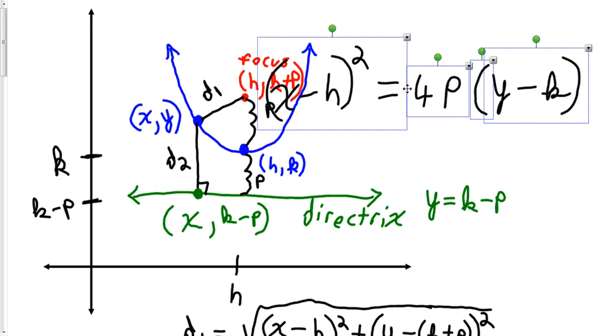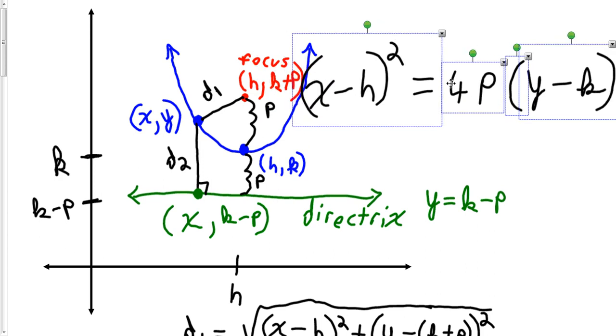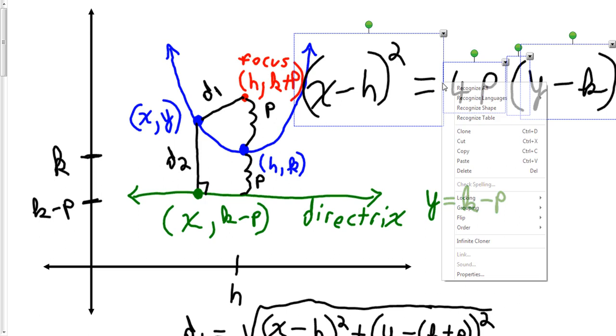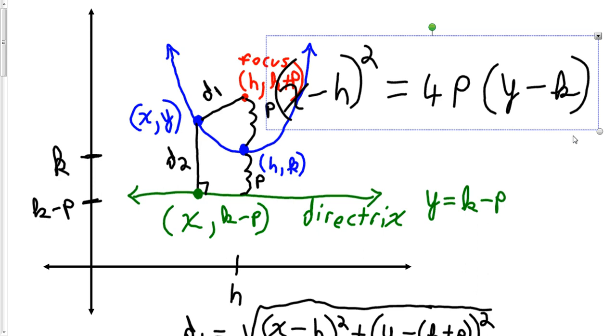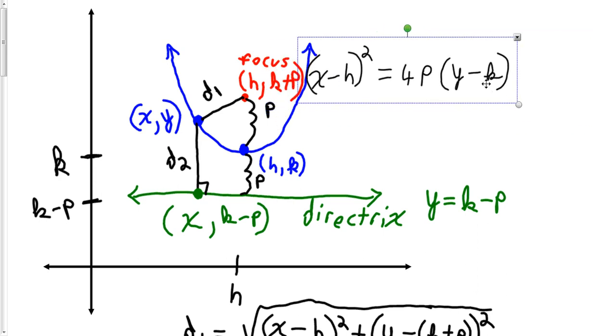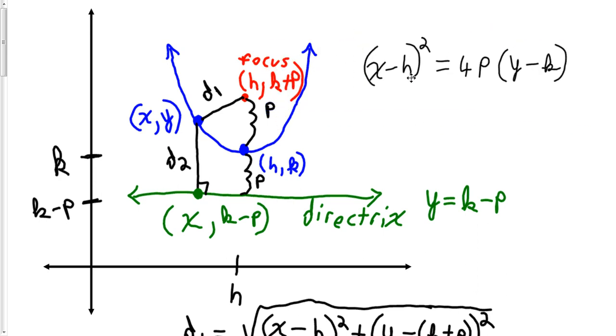Here's the equation that we just derived: x minus h squared equals 4p times y minus k. Well, hk is the vertex of the parabola. So just by having the equation of the parabola in this form, I can immediately identify the vertex hk.